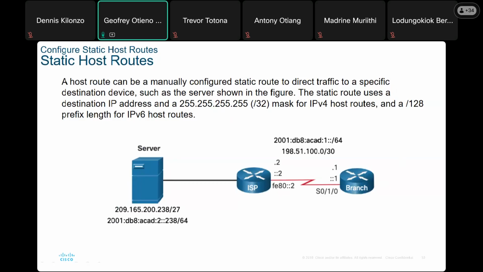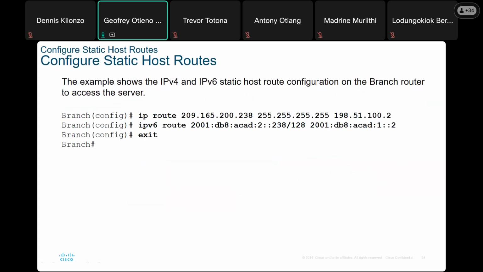Because now you are pointing to the ISP. Because that server is connected to the ISP router. And that's why you are pointing to the ISP. So that the request will be taken from the branch to the ISP, and the ISP will command the server to behave, because it's a request coming from the branch there. So that's basically what you need to have for both IPv4 and IPv6, as you can see.